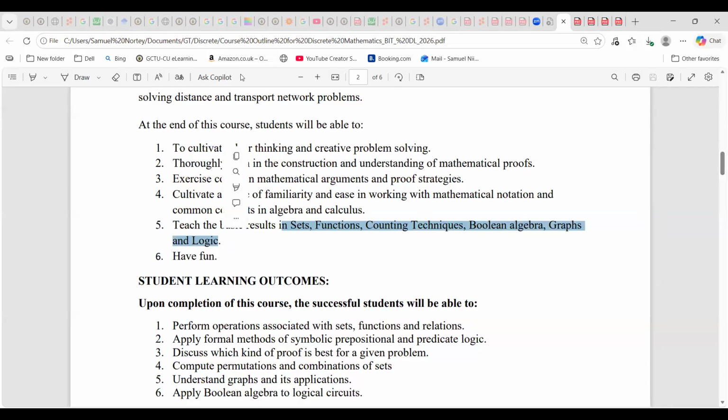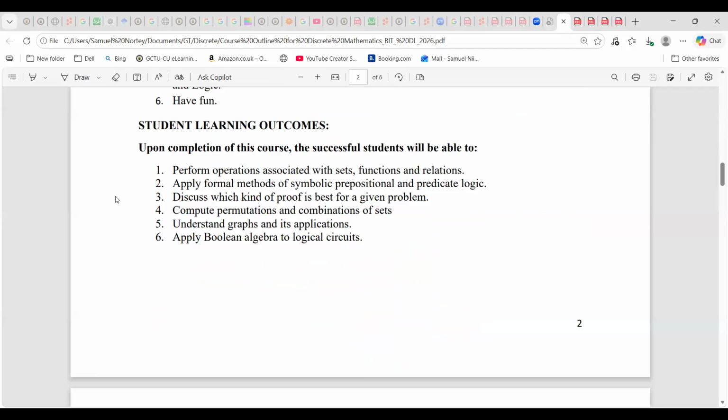If you don't enjoy this, you don't enjoy the course, and it will influence even how you study to be able to write exams on it. Okay, so that is the learning outcome, but the student outcome at the end: perform operations on sets, solve mathematical proofs, propositional logic, discuss the types of proofs that are conducive for a problem.